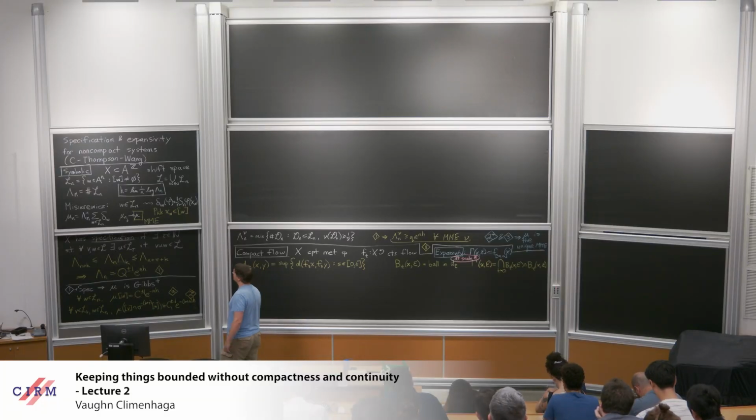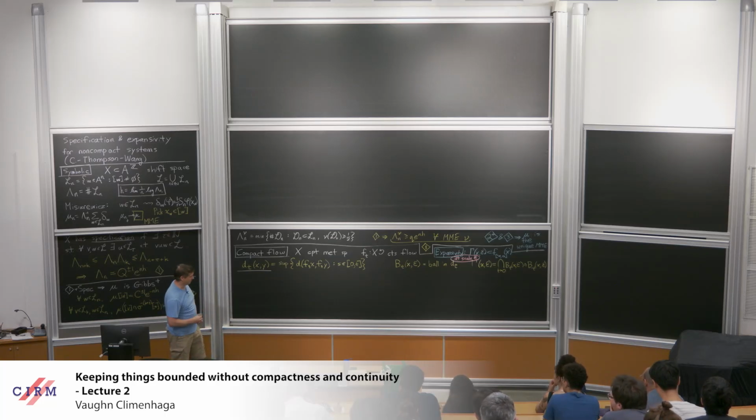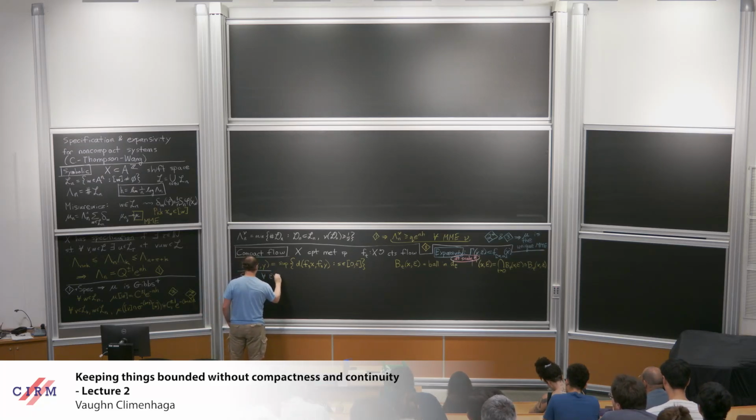Now, we come to the specification property, which I have no desire to write down a full definition of. Let me write down some kind of hybrid definition. The definition of specification in this setting is that for every scale, let's say rho. Rho is what we do in the paper.